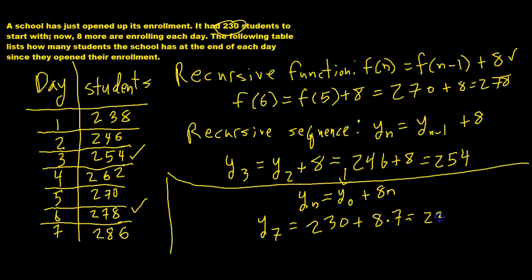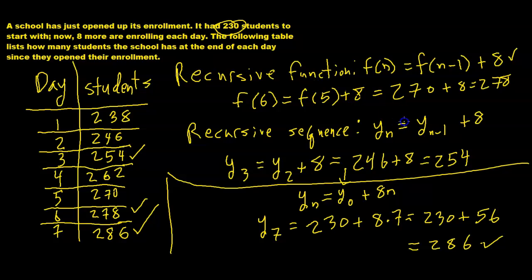That's 230 plus 8 times 7. What is 8 times 7? It's 56, right? And what is 230 plus 56? It is 286, right? And is that what we know y7 to be? Yes, it is.